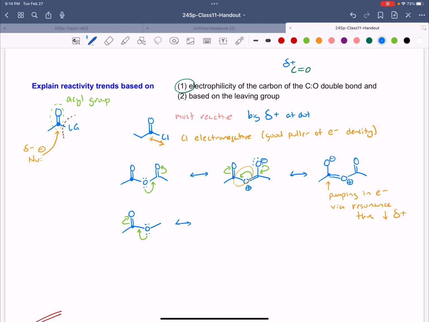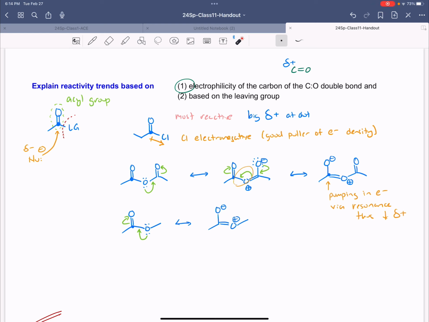Does this make that carbon more partial positive or less partial positive? Well, let's see. If your only option is to push the electrons to the left, then you're pushing more electrons to the left in this situation than you are in this situation.